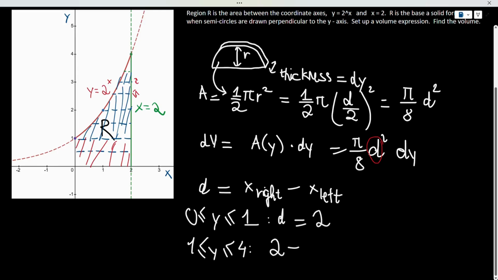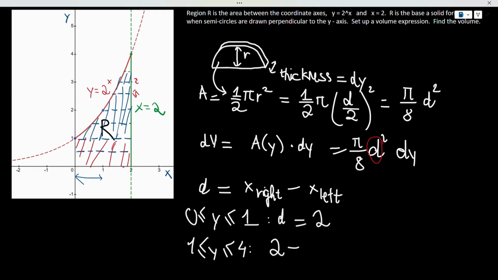So now we're going to figure out the x left over here. If we just call it x, because it's basically the horizontal distance from the origin to that point, we normally call it x for easier math.